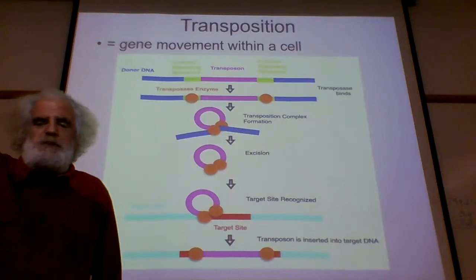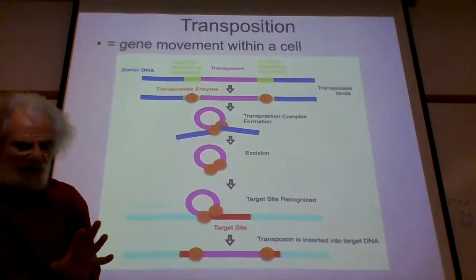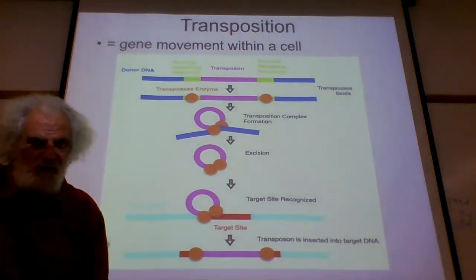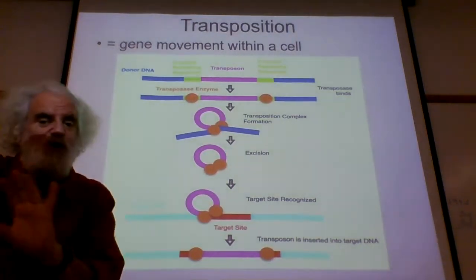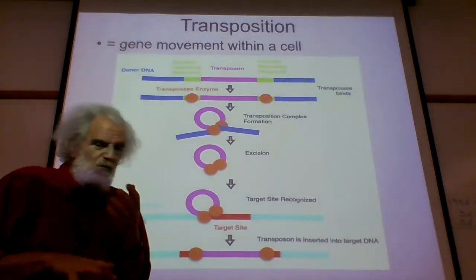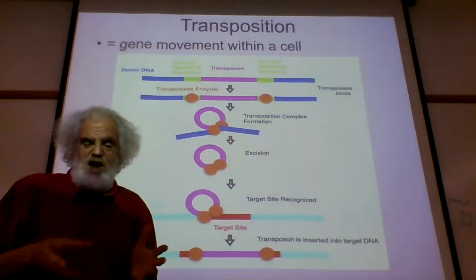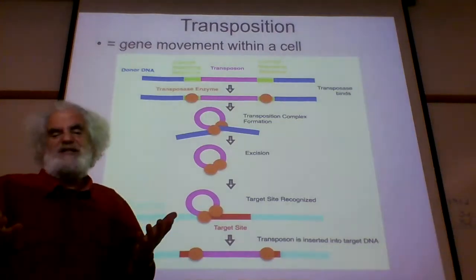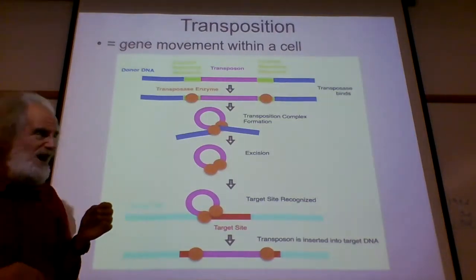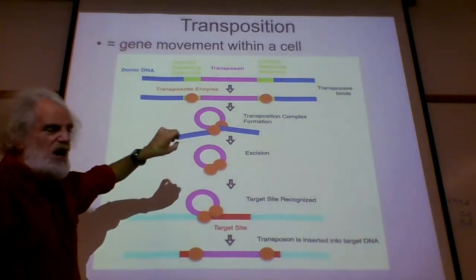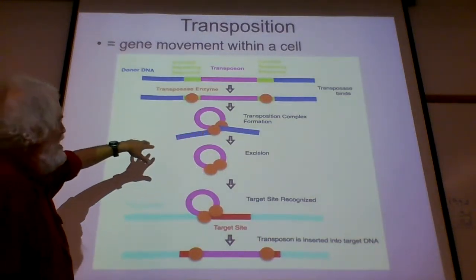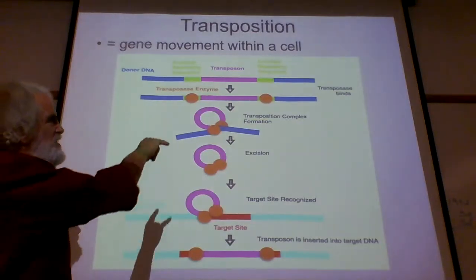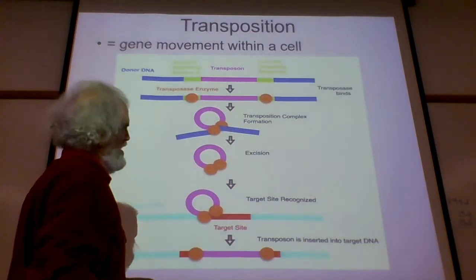Now, genes can move around. You can have an antibiotic resistance gene, this is a good one to talk about, that can jump about. We can think about this movement in a couple of different ways. Within a cell we can have something known as transposition, in which we've got a copy and paste event occurring using something called transposase, an enzyme that binds to little sequences on the transposon.